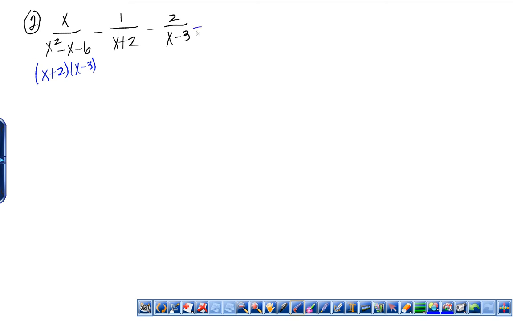Okay, so let's go ahead and rewrite this with common denominators. So the first one stays as is, so x over x plus 2 times x minus 3. I'm going to go ahead and move this minus up to make it a little bit easier. So this is minus 1 with my common denominator.